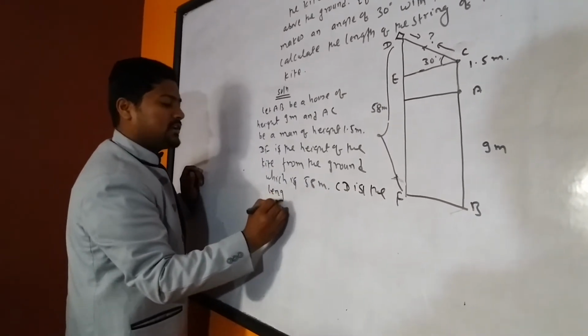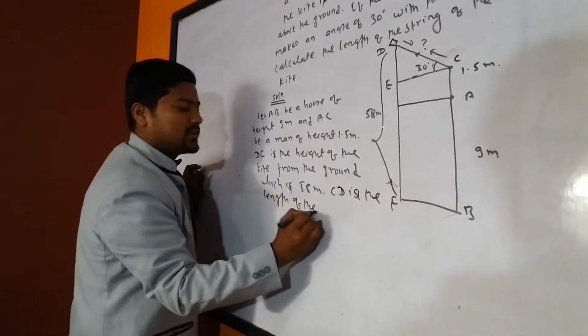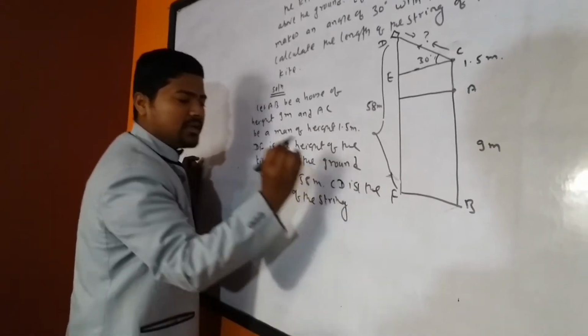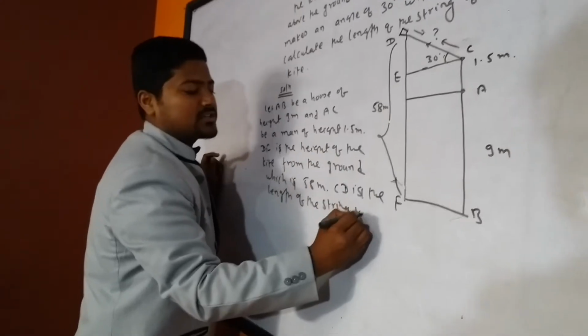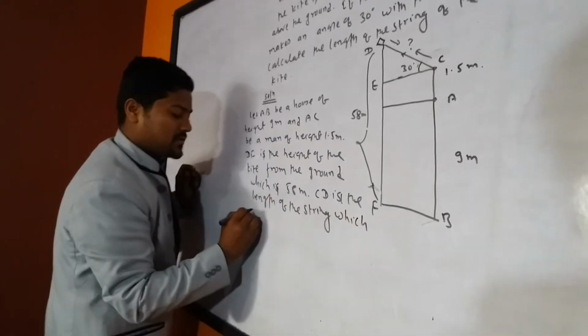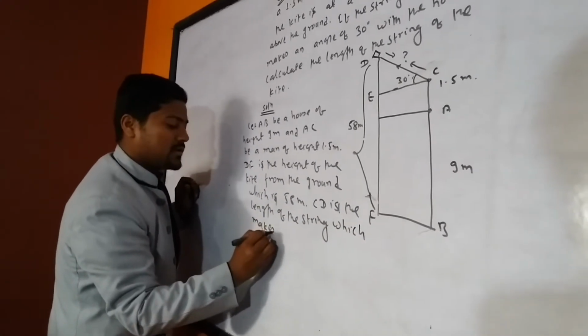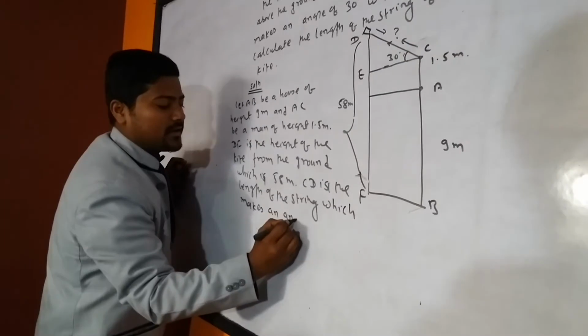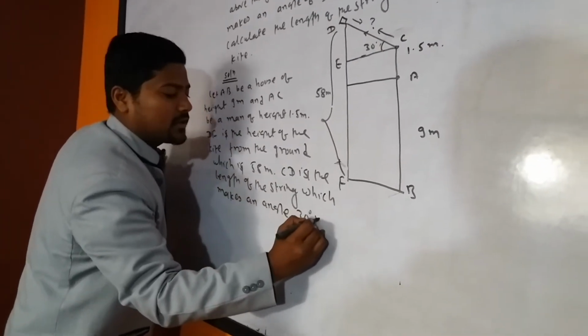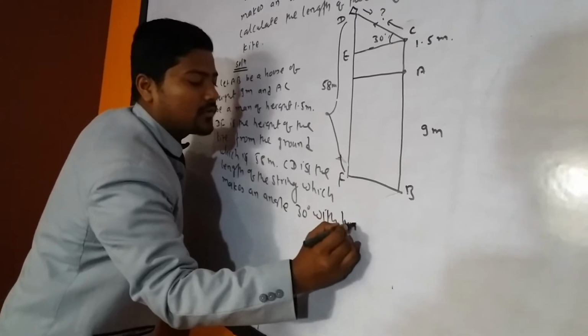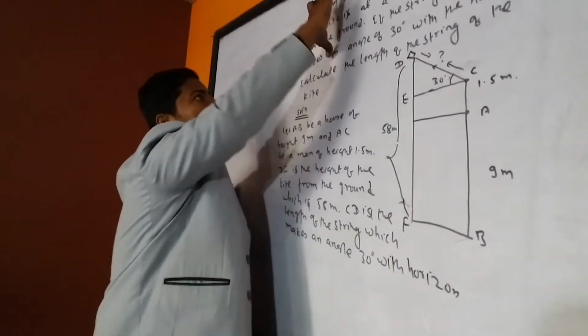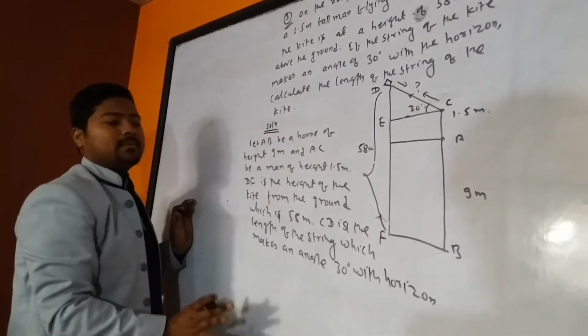CD is the length of the string, which makes an angle of 30 degrees with the horizon.